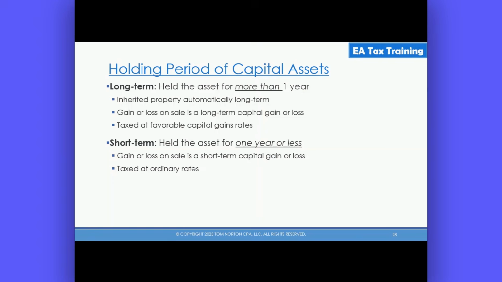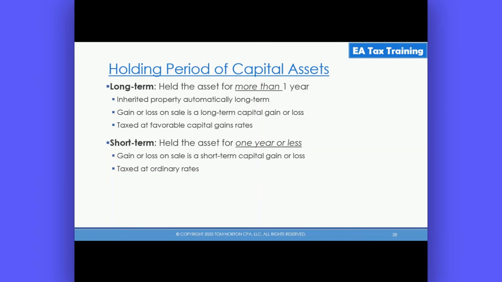You do want to be prepared on the exam for a question. They might say that a certain person purchased an asset on July 1st of 2023, and then they sold that asset on July 1st of 2024. And then they will ask you, is that a long-term gain or is that a short-term gain?